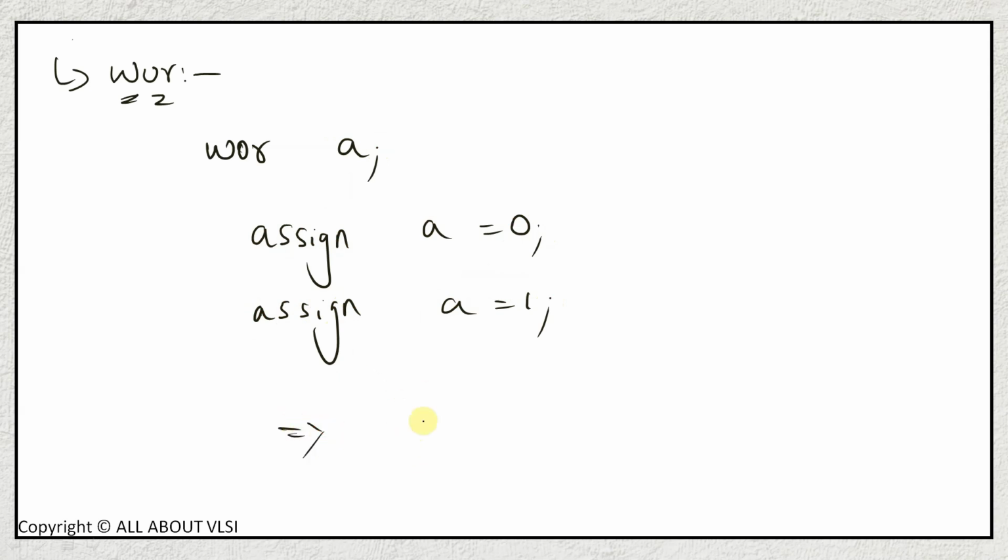Instead we get the result of an OR operation. The OR is performed on 0 and 1, the resultant is 1, and finally the value 1 will be driven into the variable a.